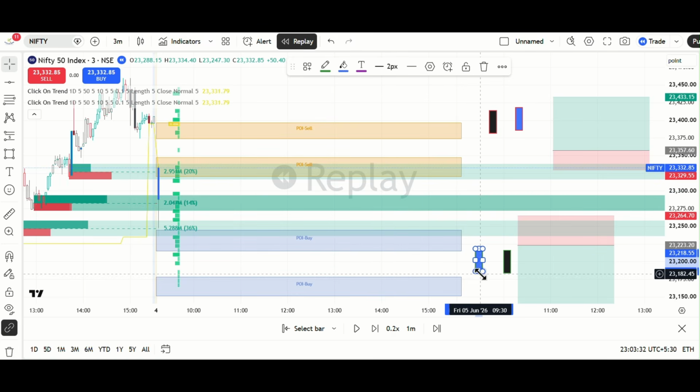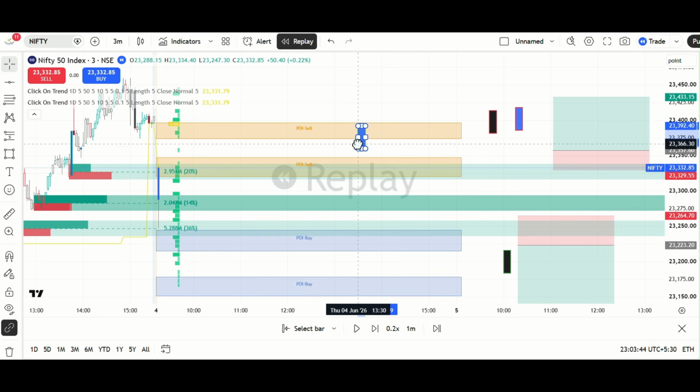So guys, let's see institutional buying or selling candles and how to use them with the help of the indicator. Here you are able to see the zones, like this is POI buy, POI sell. These are POI buy, point of interest buy zones, and point of interest sell zones. So two buy zones are here and two sell zones are here.